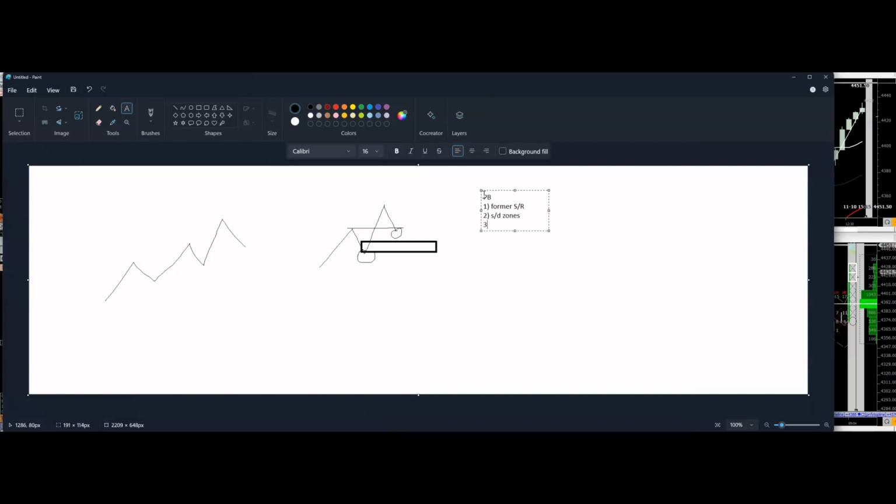Third method gets into the Fibonacci stuff, so Fib retracement. And then there are many other methods. I'm not going to go into them, but let's stick with the other method, which is the volume based method, basically the volume profile based method.